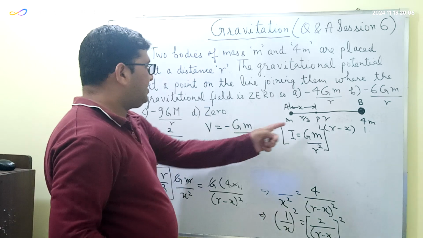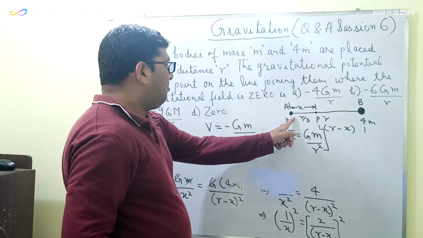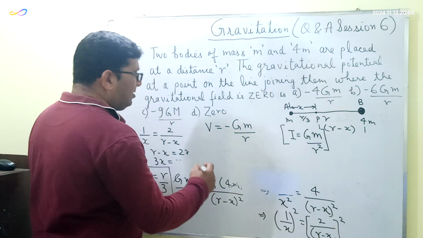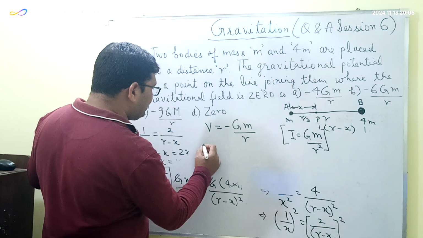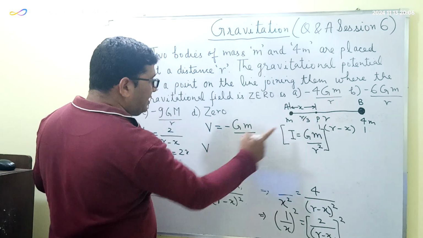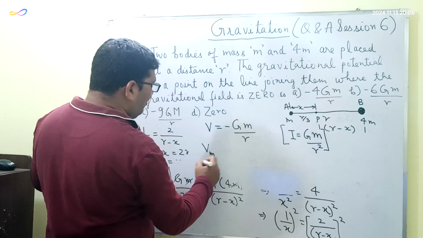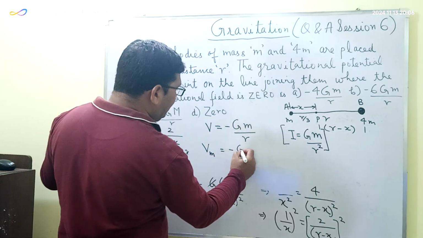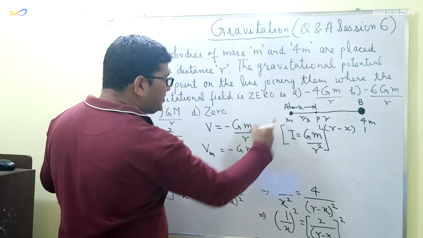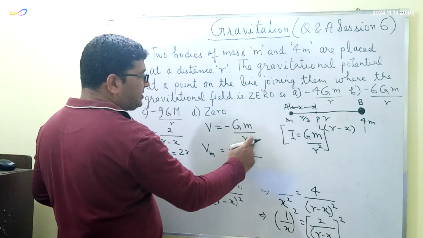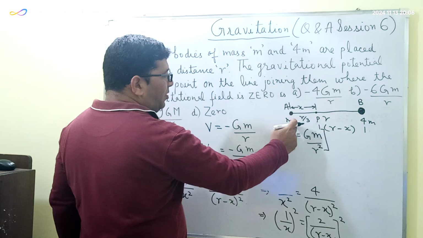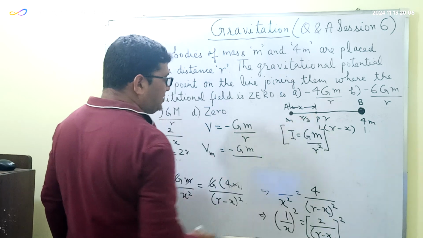The gravitational potential at the point P because of the body of mass m will be equal to minus G M, where M is the mass of the body, divided by the distance between this body of mass m and the point P, which is r by 3.